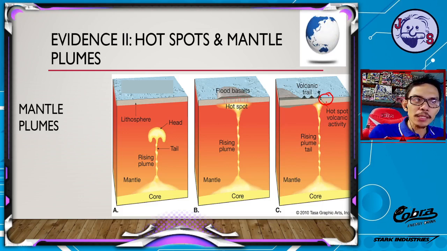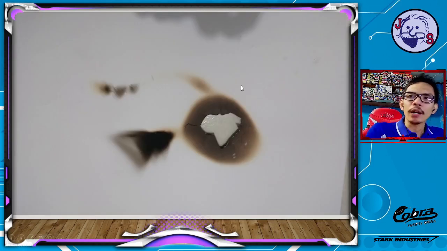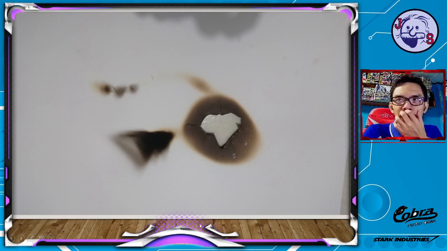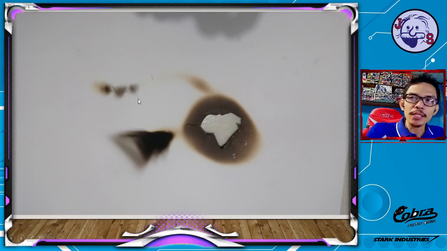Based on the demonstration, the light and dark patches that you have right here represent the volcanoes that are formed over the hotspot. As you notice, some patches are light and some are dark. If it is light, the mantle plume stayed in that particular area for a shorter period of time, like the one that I have right here.